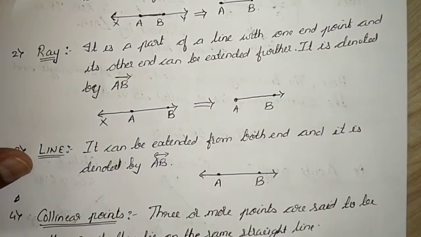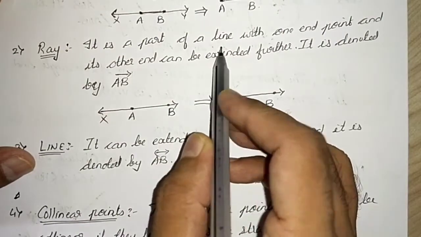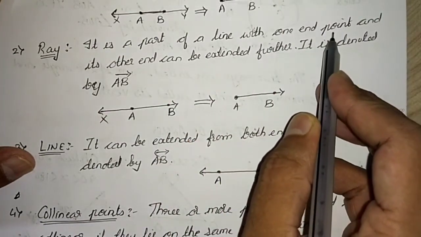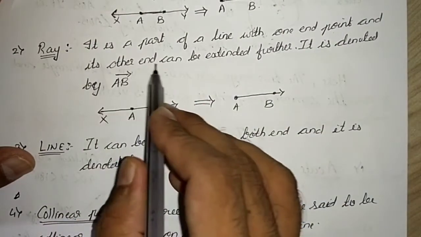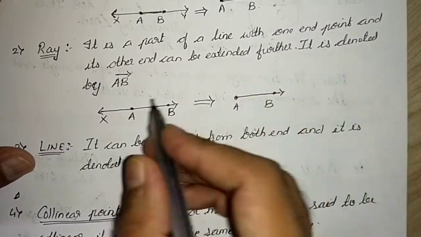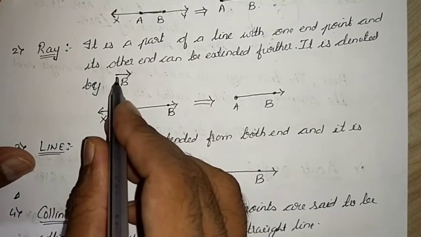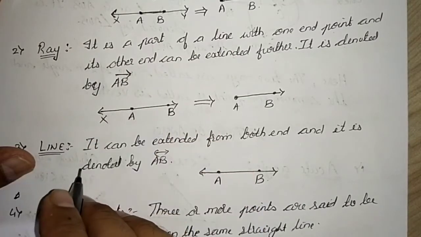The second definition is ray. It is a part of a line with one endpoint, and its other end can be extended further. It is denoted by AB with an arrow above it, so it is called ray AB. Let me explain.